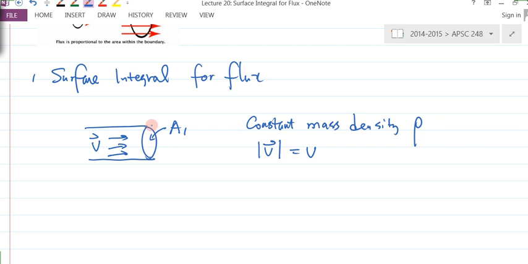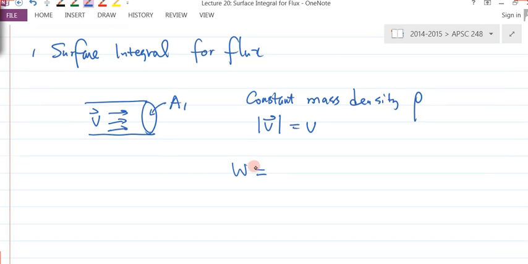So how much of the fluid will pass through this cross section A1 in unit time, or what's the rate of the fluid passing through A1? So let's say W is the rate of the flow across A1. So W equal to what?